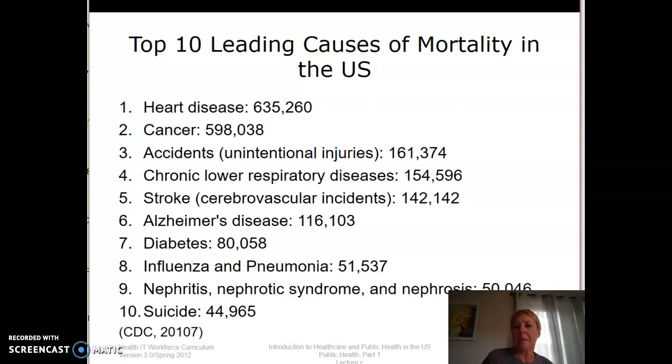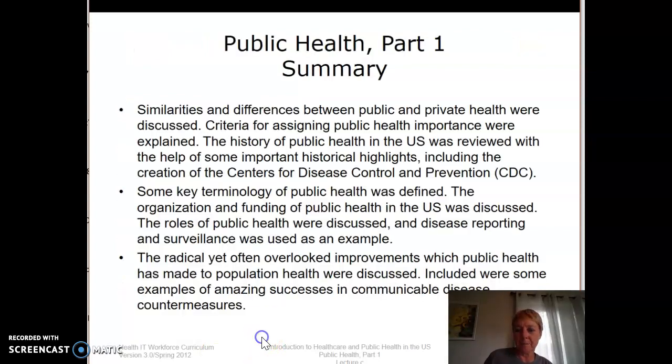So these were the top 10 causes of death in the U.S. And I updated this, but this is 2017. Our top leading causes of death: heart disease, cancer, accidents, whatever. Number 10, suicide, just made the top 10 in the last 10 years. Okay, and we'll go to part 2.